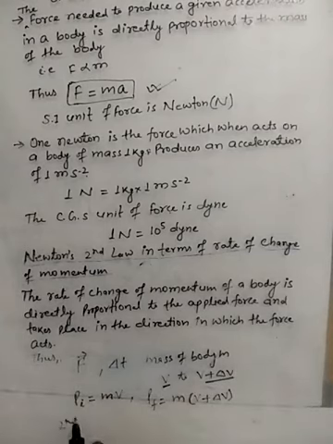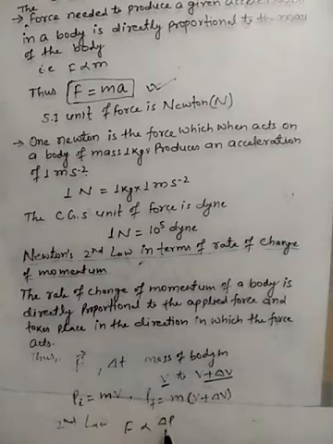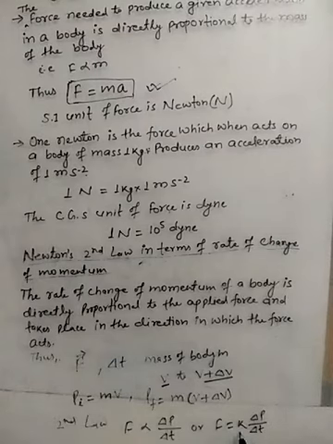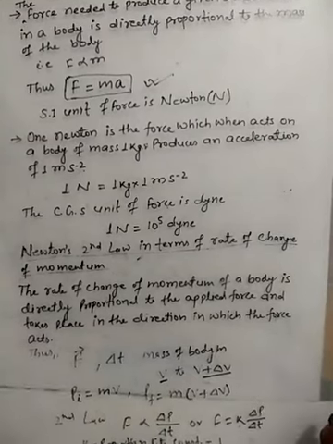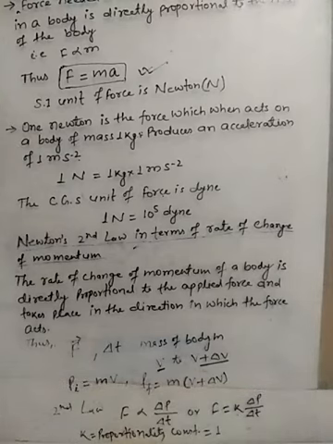Then Newton's second law is represented as F directly proportional to the rate of change of momentum, that is delta p upon delta t, or this can be written as F equal to k into delta p upon delta t, where k is the proportionality constant, which is equal to 1.